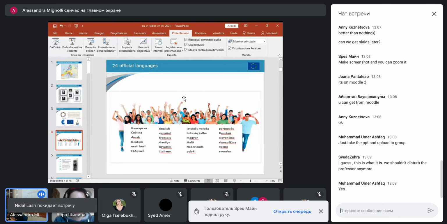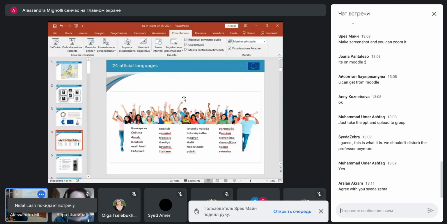So it was possible to say that English is indeed the official language of a member state. All the official languages of the member states are also official languages of the Union. And so we have 24.